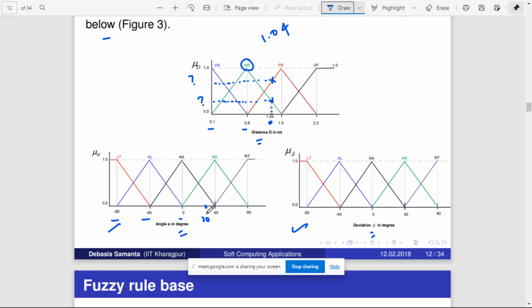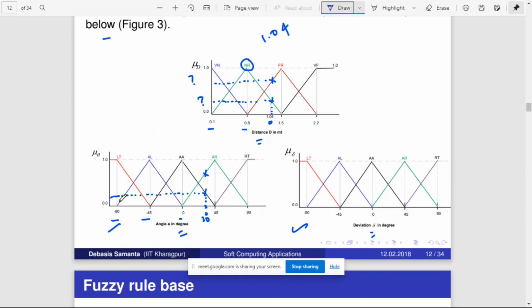Again, this 30 degree is going to intersect on these two lines. So which membership values does it take? It can come under the membership function AA, if you consider this membership value.